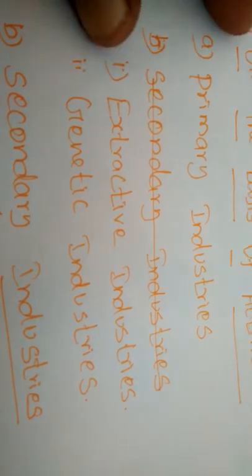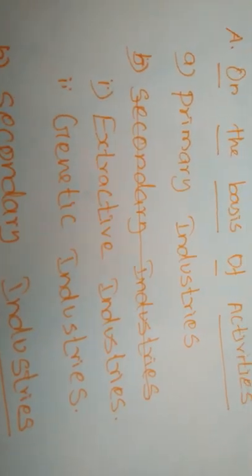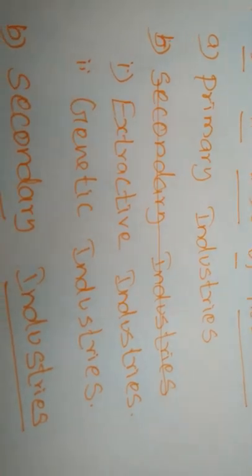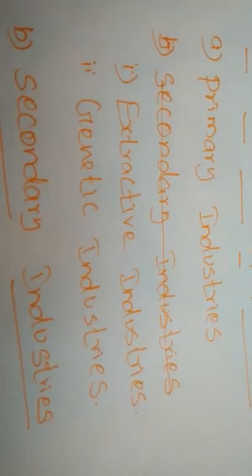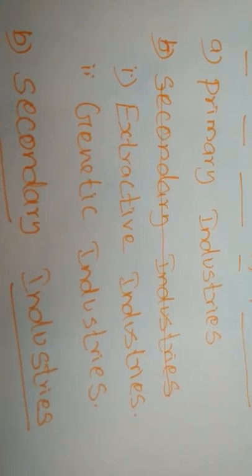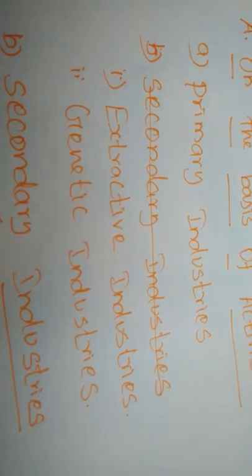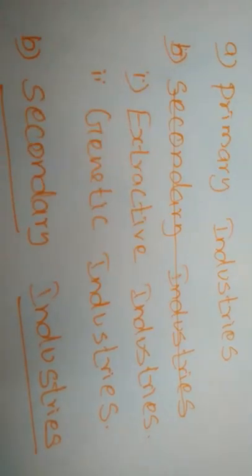All the resources are obtained from nature. If you produce something or earn income with only a little human effort, it is called a primary industry.